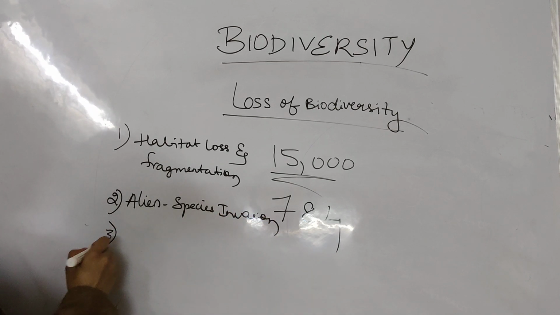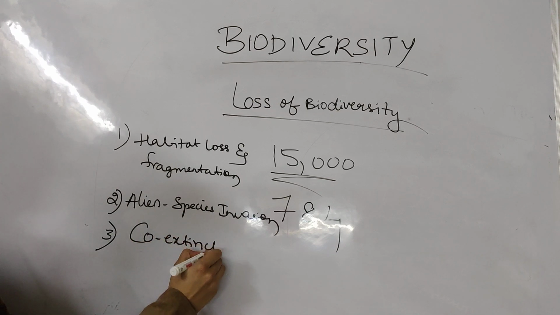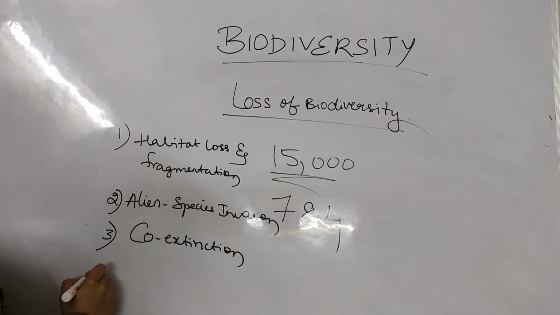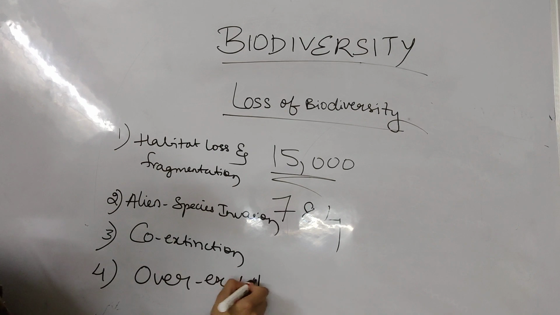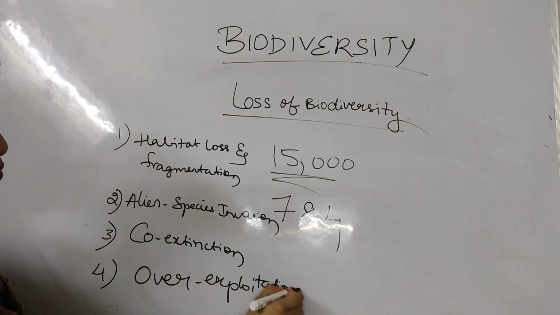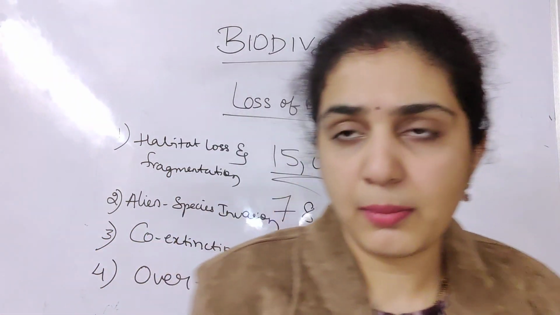The third one is coextinction. Fourth is overexploitation. So basically, like this the loss of biodiversity is taking place.